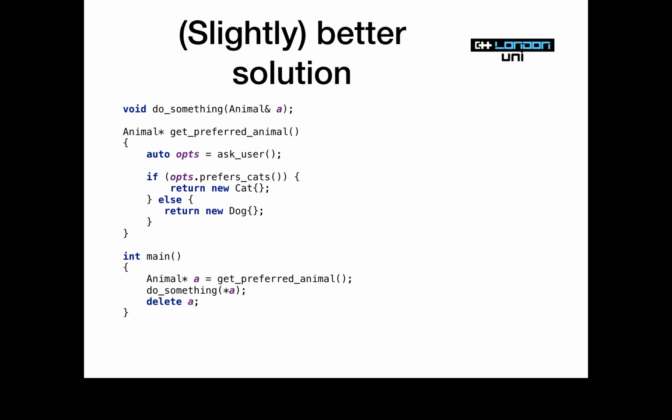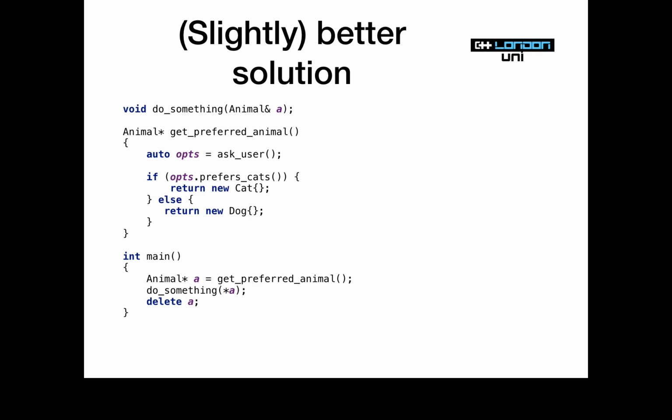Okay, so we've introduced these two new keywords now, new and delete. So what's happening here is that when we call new cat, that allocates a cat object on the heap, on the free store, in your main memory, in RAM. And it returns, well, new returns a pointer to the cat.